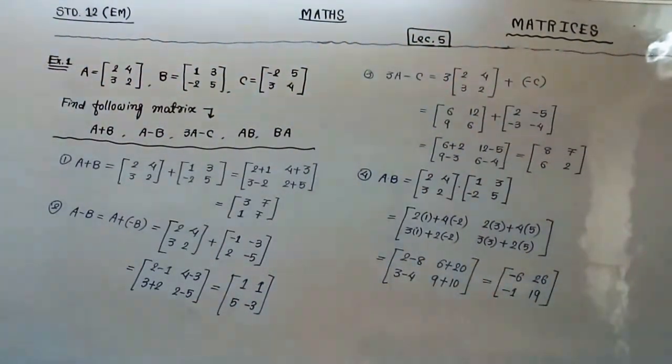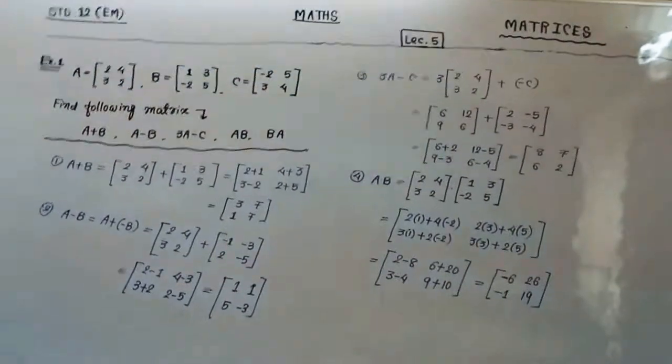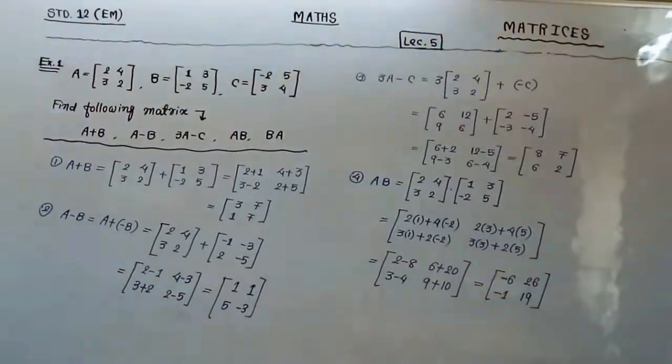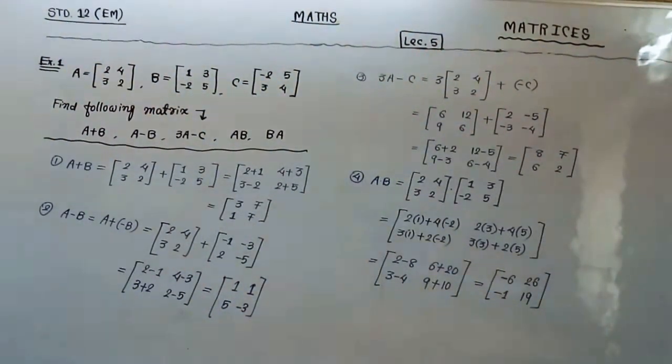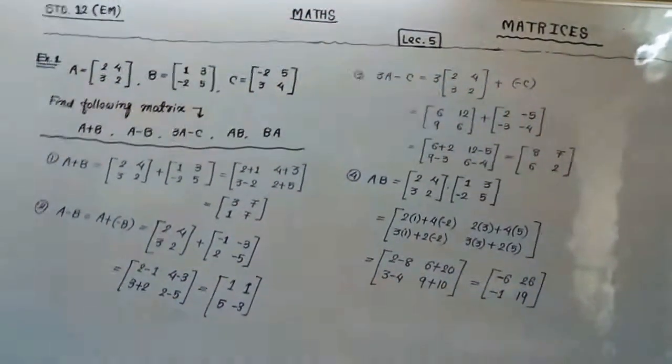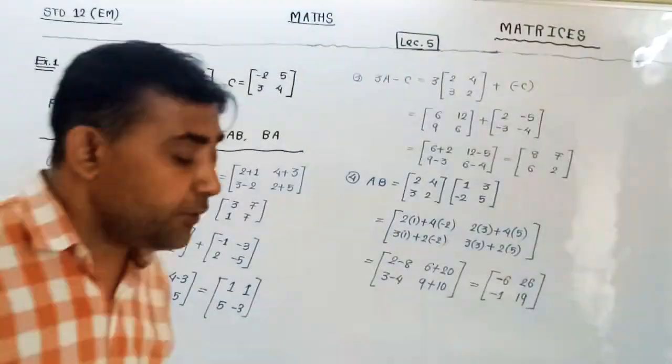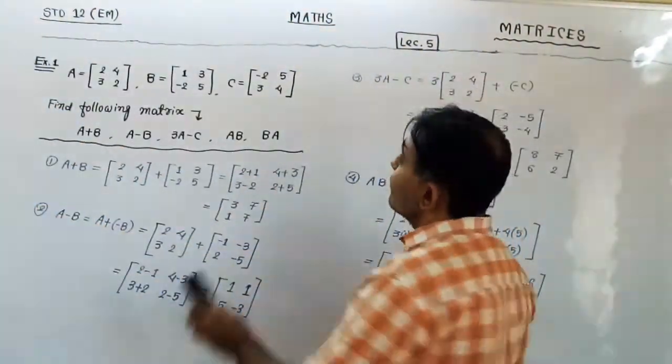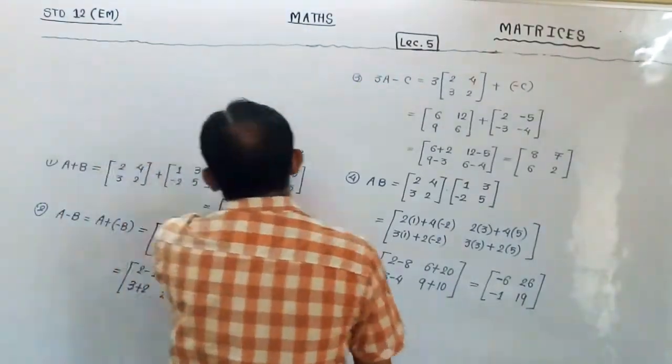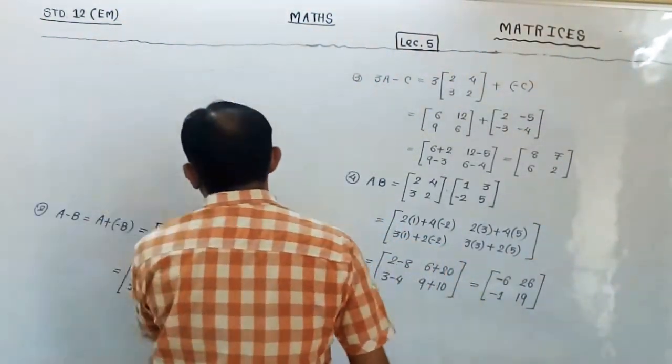Now in the next example, B into A. So how can we find B into A? As we discussed here, B into A means multiplication of matrix B and matrix A. So that thing is in homework now, and now let us start the next question. Take the screenshot relative to the example also yourself.